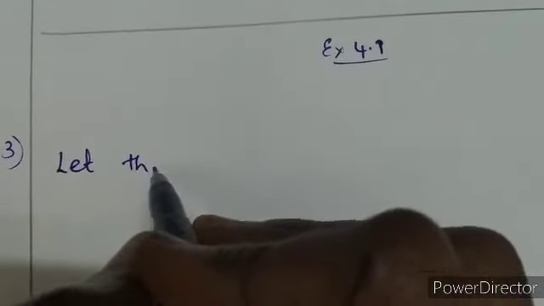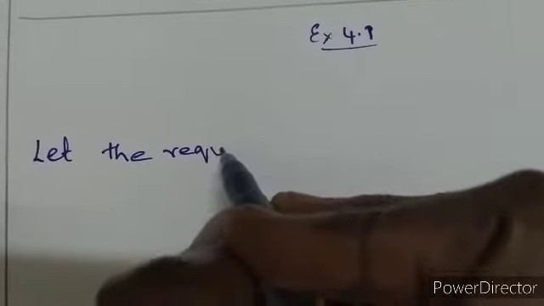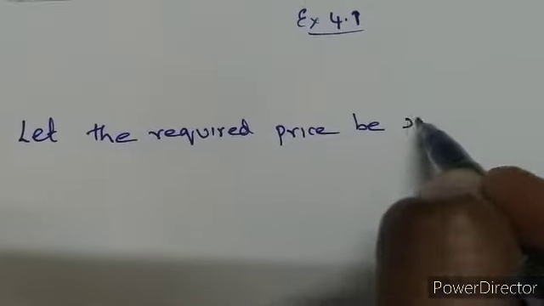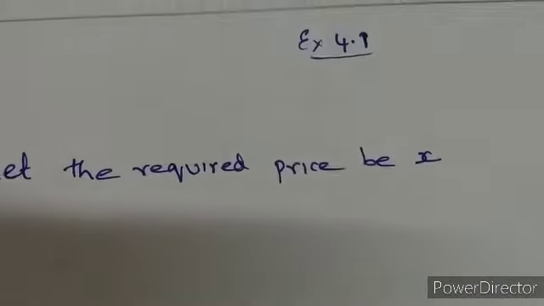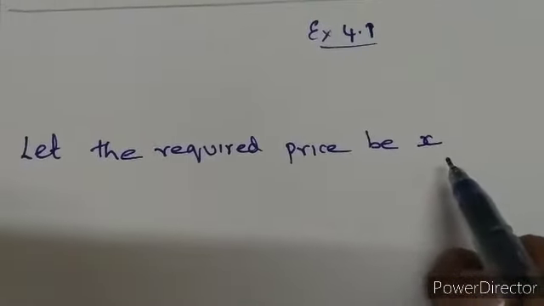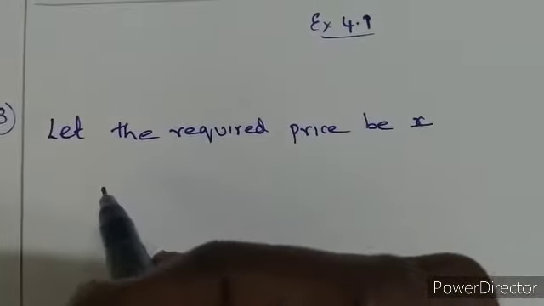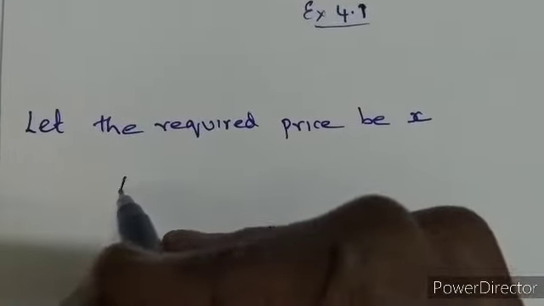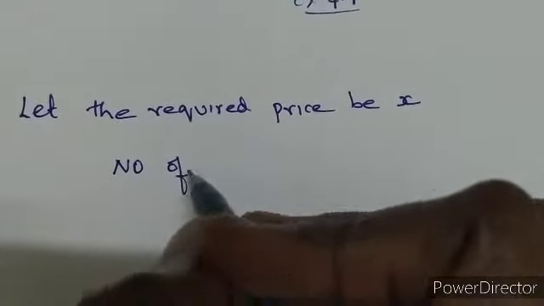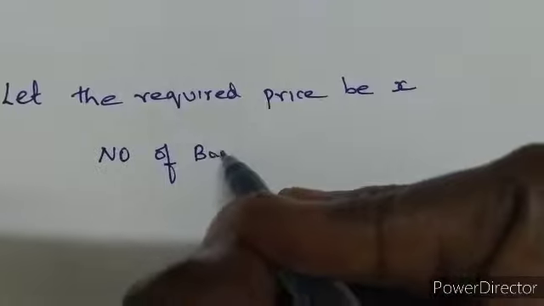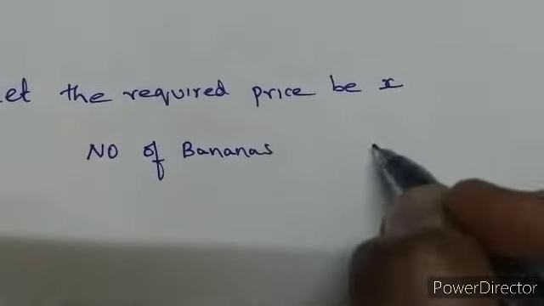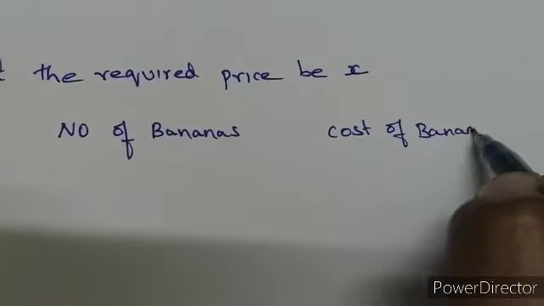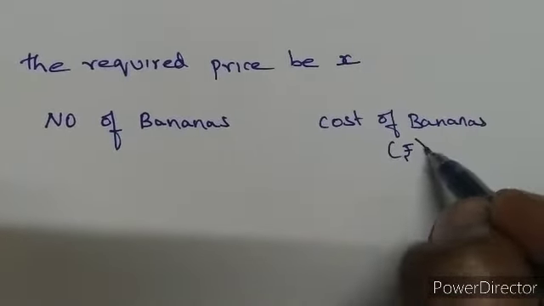Let the required price be x. As the number of bananas increases, the price also will increase. So, the number of bananas and cost are in direct proportion. So, write the given heading, number of bananas and cost of bananas in rupees.